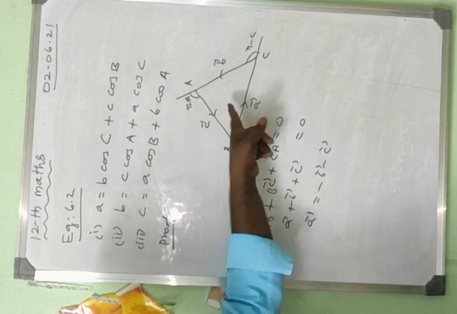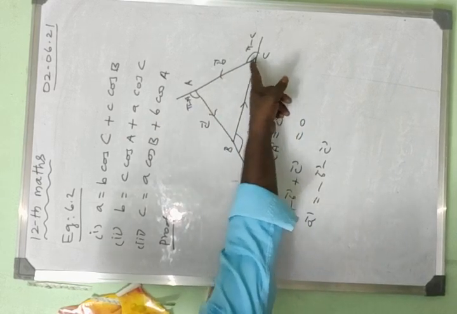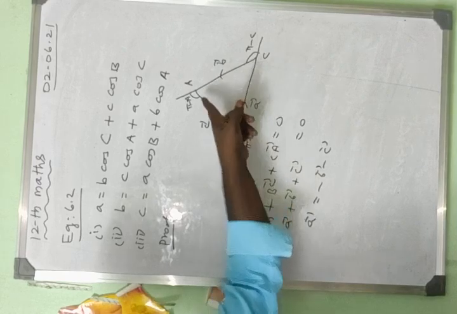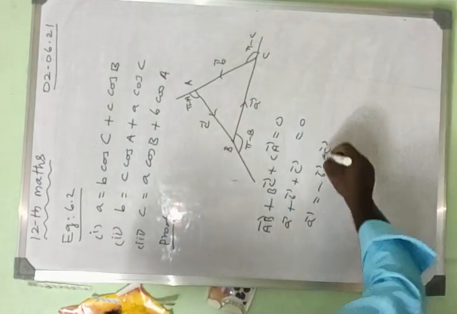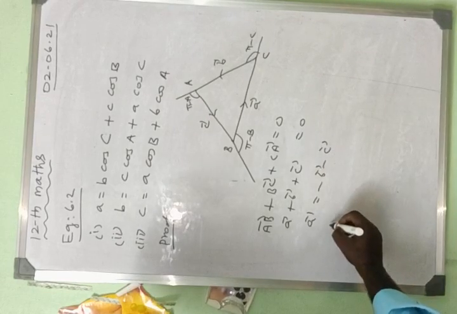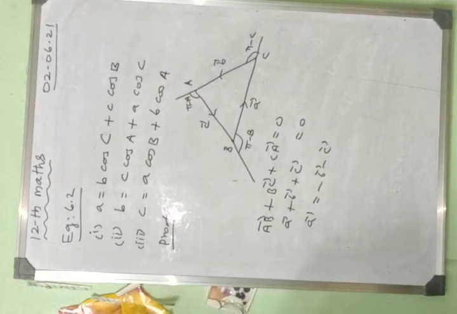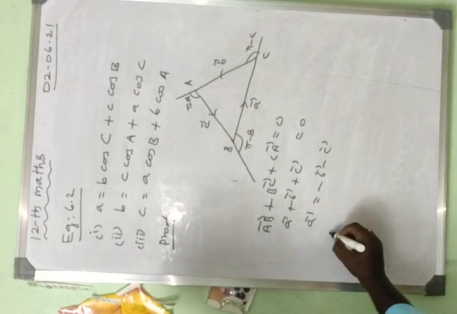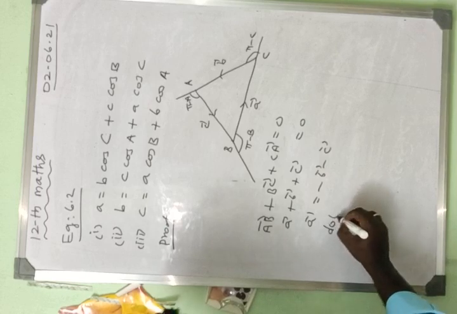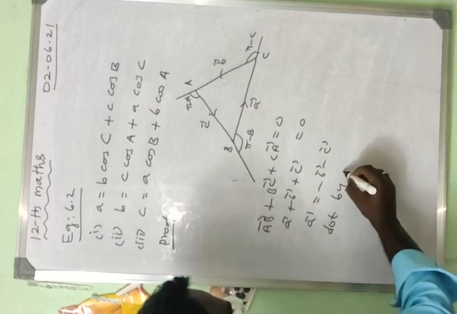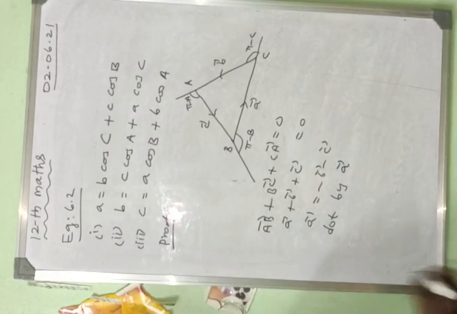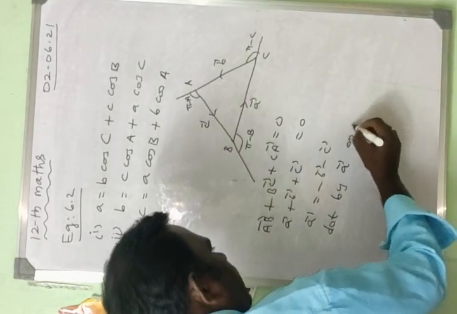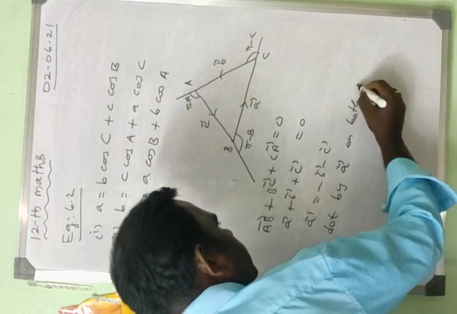Now, take dot product of all values by vector a on both sides.